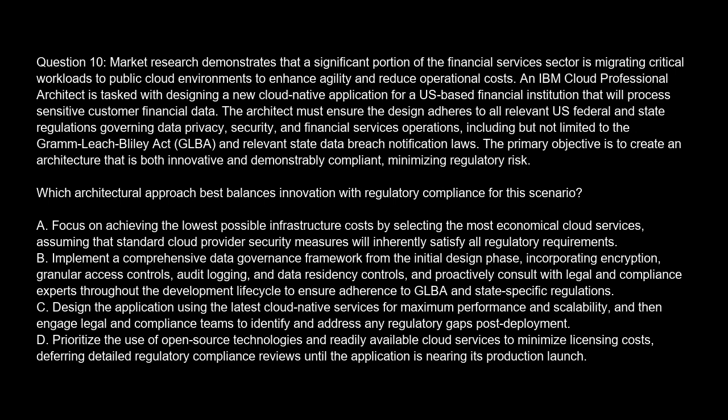Option C. Design the application using the latest cloud-native services for maximum performance and scalability, and then engage legal and compliance teams to identify and address any regulatory gaps post-deployment. Option D. Prioritize the use of open-source technologies and readily available cloud services to minimize licensing costs, deferring detailed regulatory compliance reviews until the application is nearing its production launch.